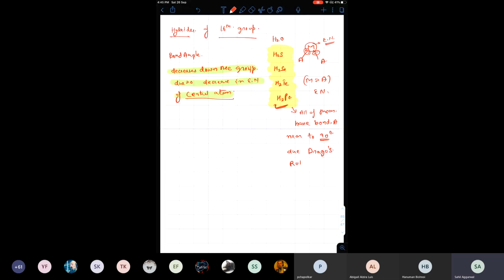Drago's rule means unhybridised p orbitals.